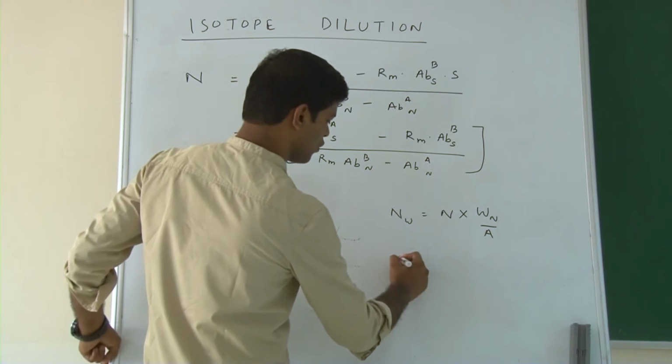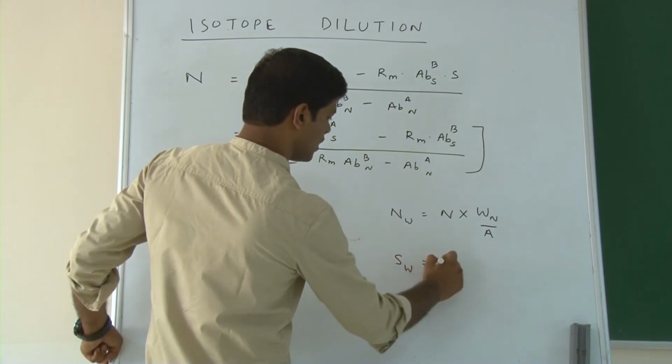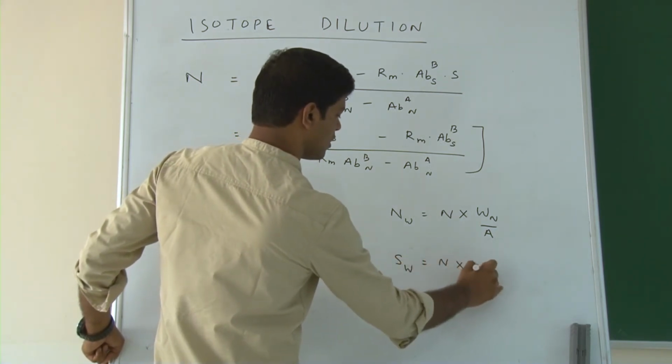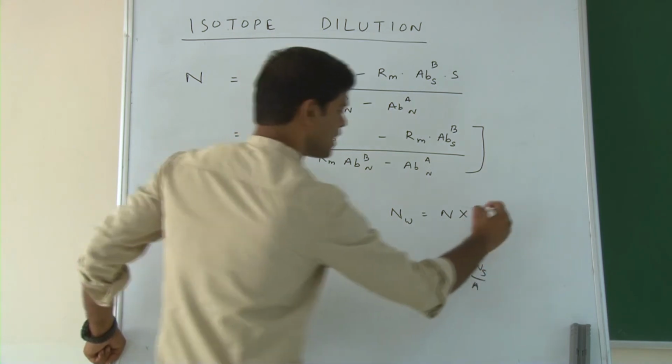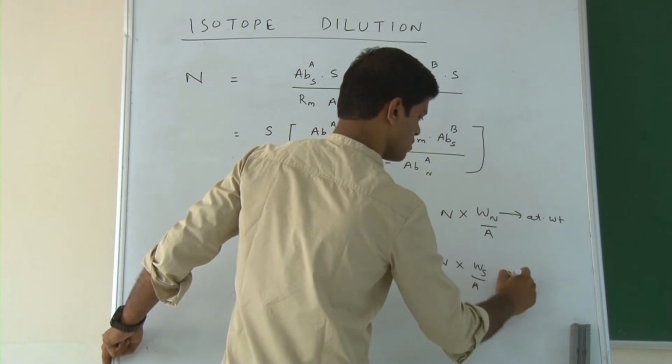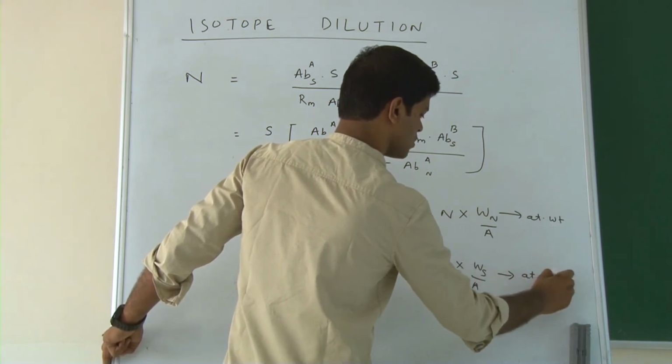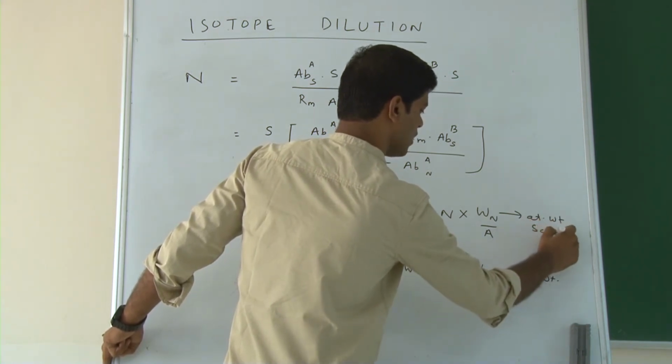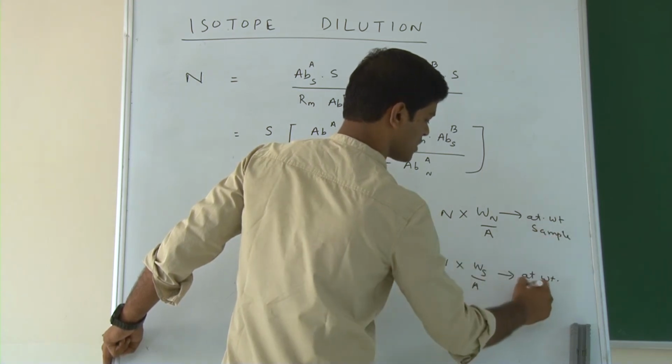Similarly, SW will be S into Ws by A. So, these are actually atomic weight terms. This is the atomic weight for the sample, this is the atomic weight for the spike.